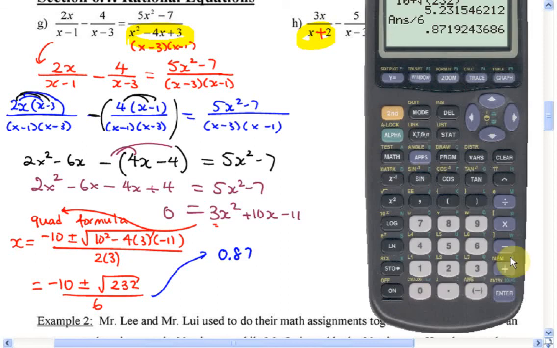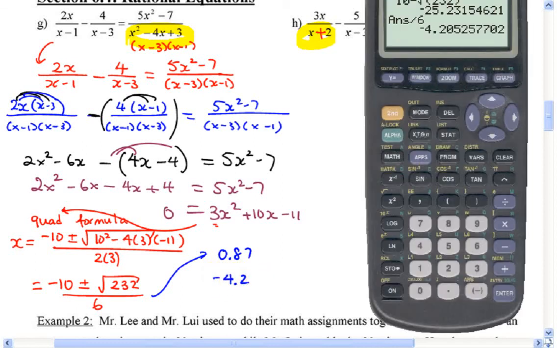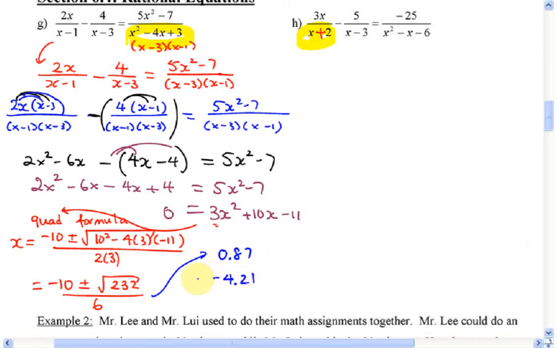And then I'll do negative 10 minus the square root of 232, then divide by 6. How about negative 4.21? Okay? So two different solutions here. Decimal answers.